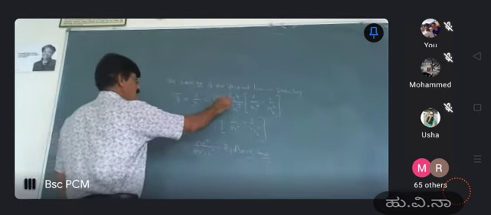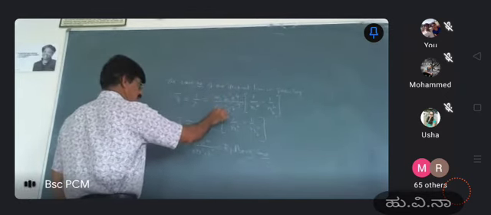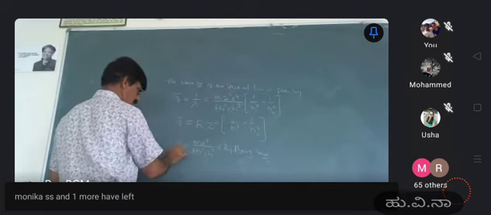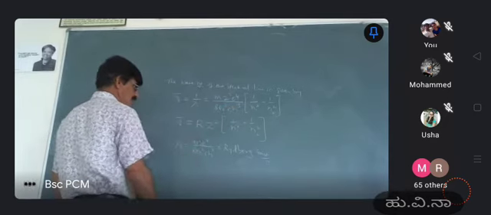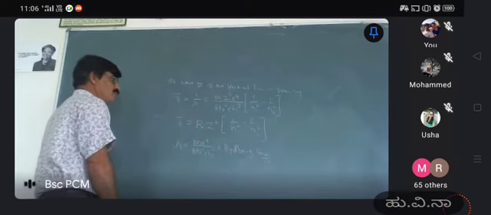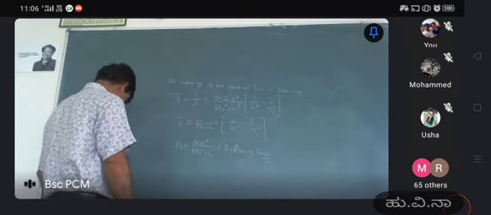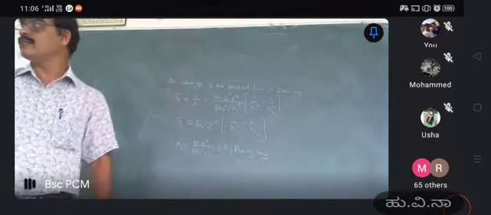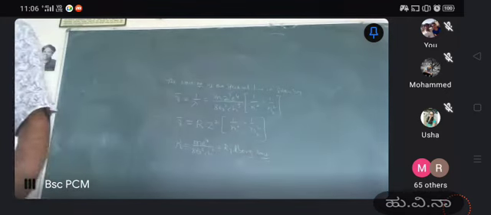So capital R is called the Rydberg constant. Then 1 by n1 square minus 1 by n2 square. So this is called the expression for the wave number.